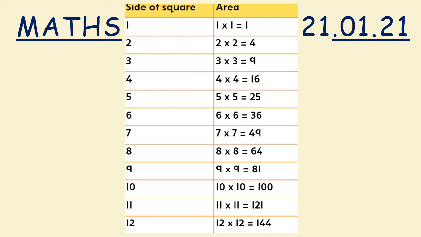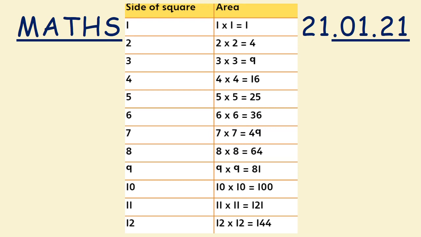If the side of the square is 7, the area will be 7 times 7 equals 49. If the side of the square is 8, the area will be 8 times 8 equals 64. If the side of the square is 9, the area will be 9 times 9 equals 81.